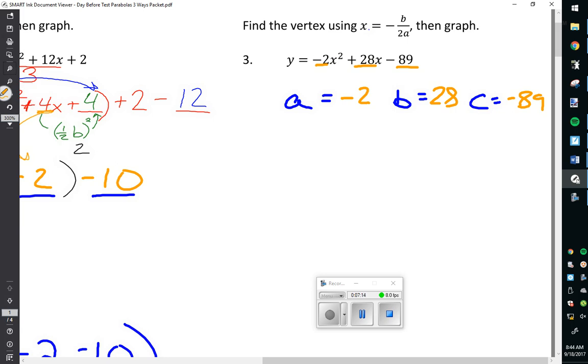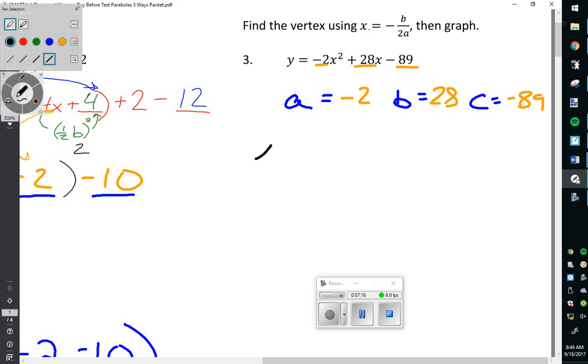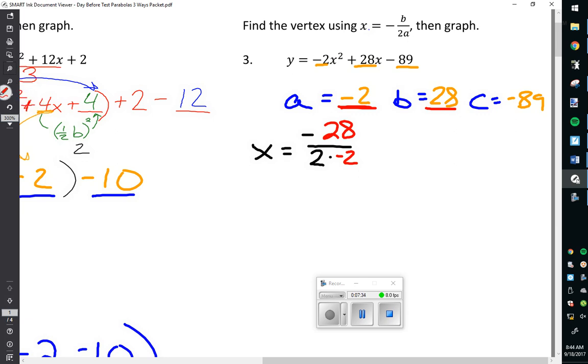So to find her x value, she's using -b all over 2 times A. So it's -b, so it's -28 times 2 over -2. When I multiply this together, in the end, is my answer going to be positive or negative? Positive.